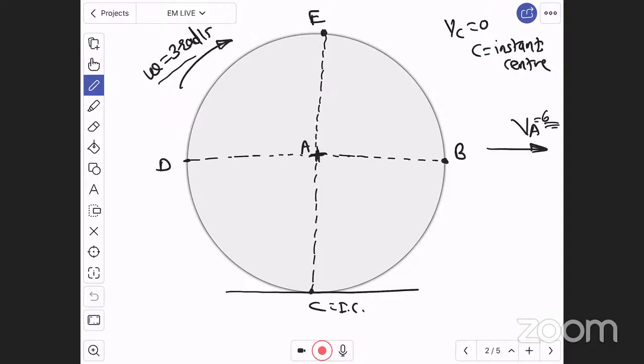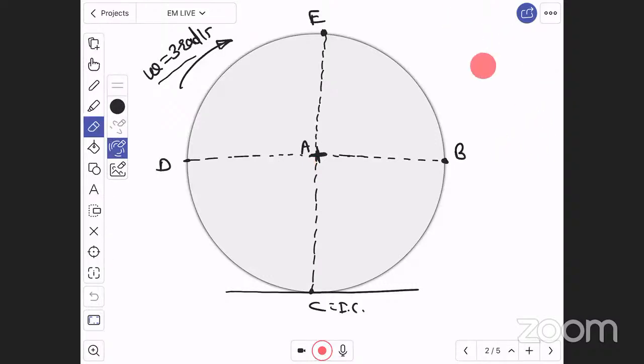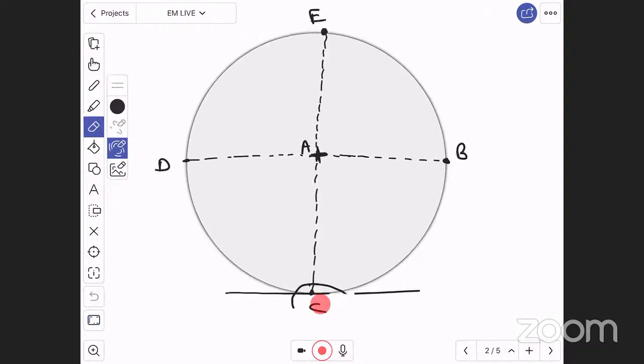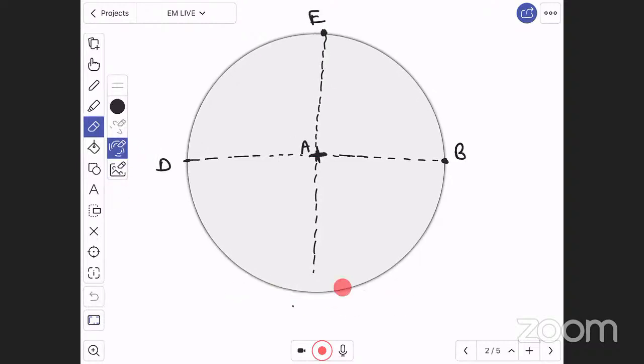All of this was with respect to the center point, point A. But now I am assuming that about this instant center C, the wheel is having only angular motion, with 3 rad per second in clockwise direction.